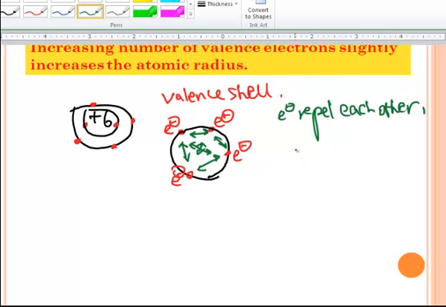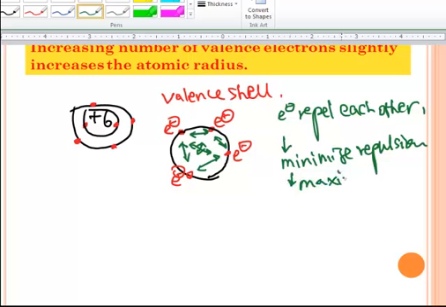So they want to minimize the repulsion by maximizing the distance between them.